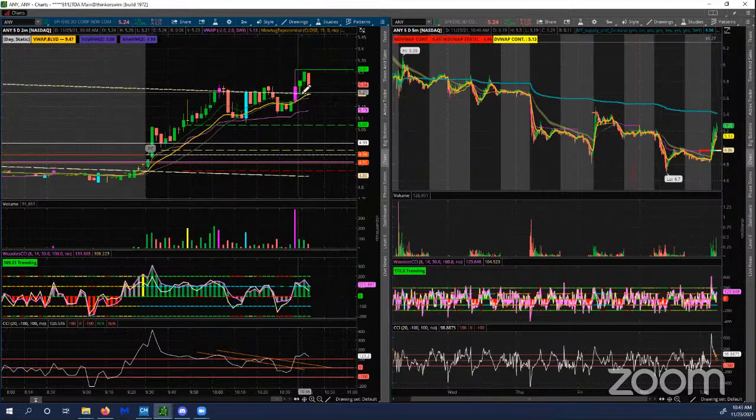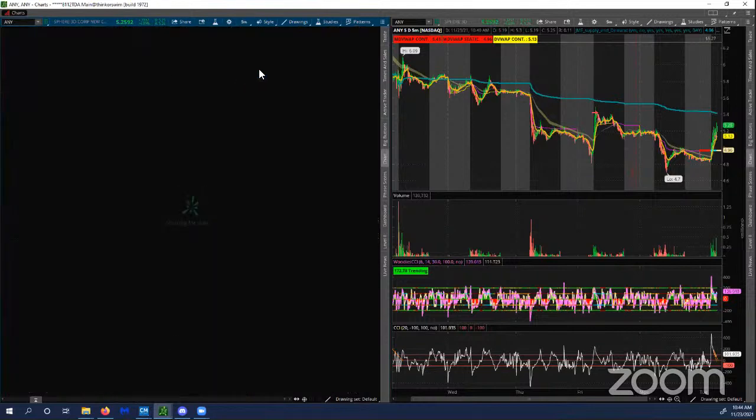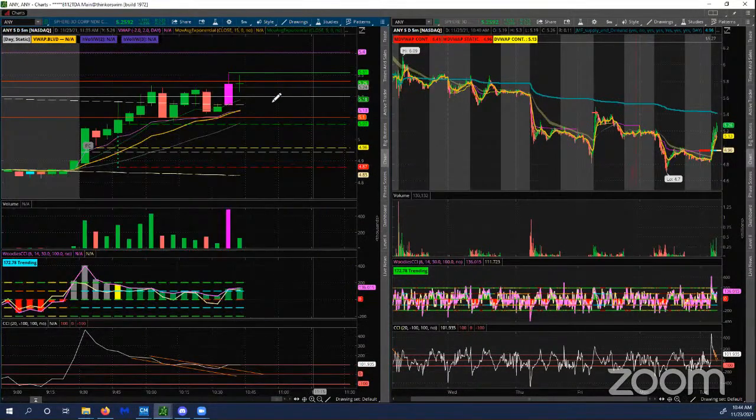We've got a double wick here. Got a drop and test. That drop and test is telling me that I need to switch to a 5-minute time frame. Build. Flush back to VWAP.